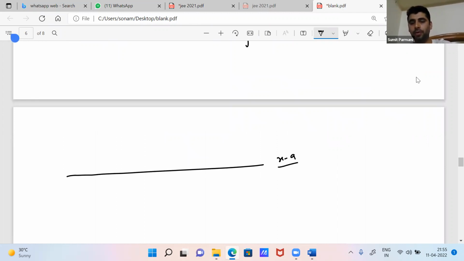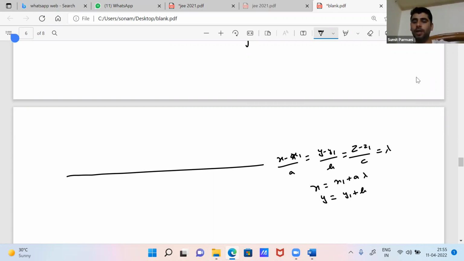Suppose this is x minus x1 upon a is equals to y minus y1 upon b is equals to z minus z1 upon c is equals to lambda. So we have x is equals to x1 plus a lambda, y is equals to y1 plus b lambda, z is equals to z1 plus c lambda.